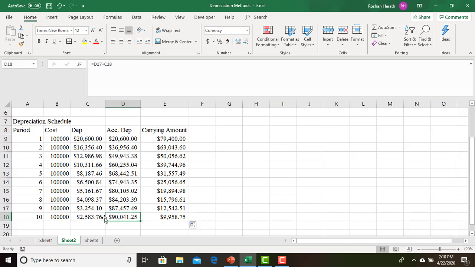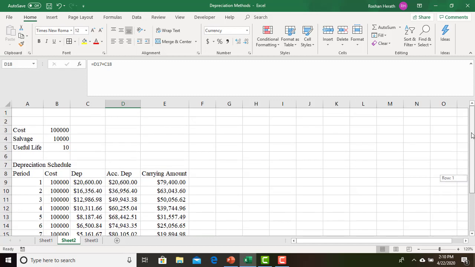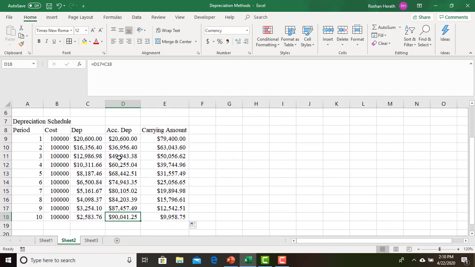Instead of 90,000 altogether, 90,041.25 is depreciated. It is due to rounding, or mainly due to the depreciation percentage that is being used.